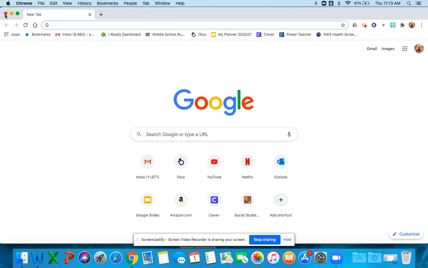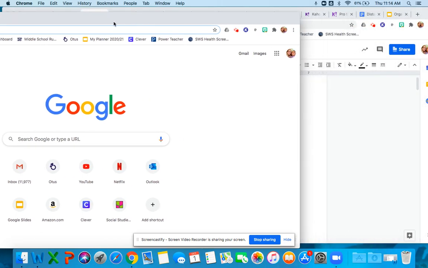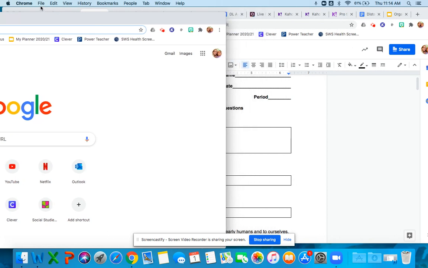I'm so sorry. But you do that. So basically, if you're on a Chromebook, you grab the page that you're on and you slowly just move it over. And you'll notice that when you get to about right here, this portion of your screen will become dark. You'll still be able to see through it, but it'll become dark. And that's when you let go of this page and it will split your screen for you.